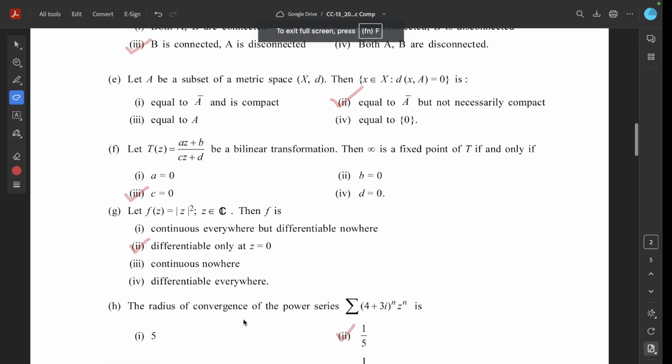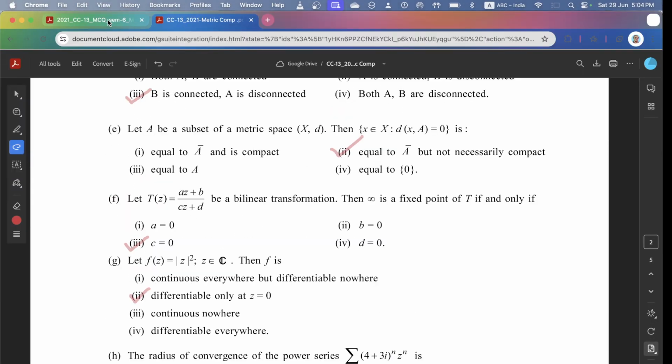Next question, F. Let T(z) = (Az + B) divided by (Cz + D) be a bilinear transformation. Then infinity is a fixed point of T if and only if the correct option is 3, C equal to 0.